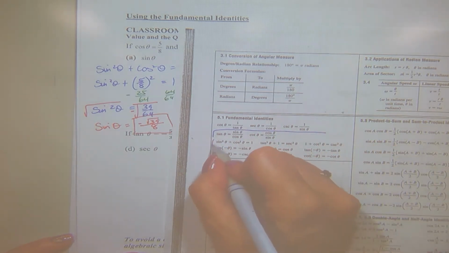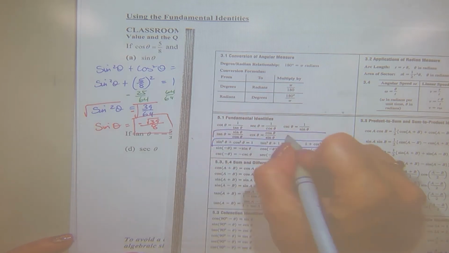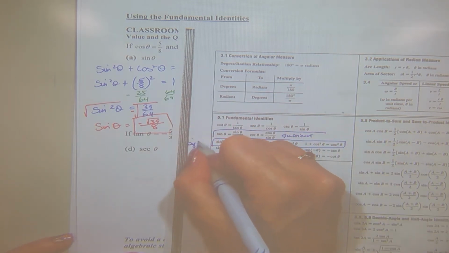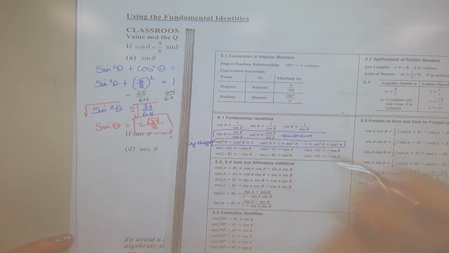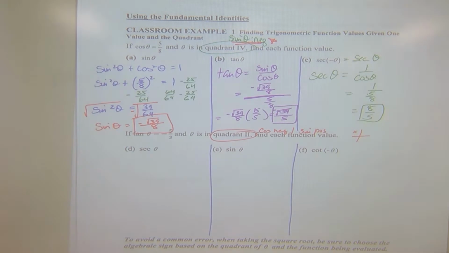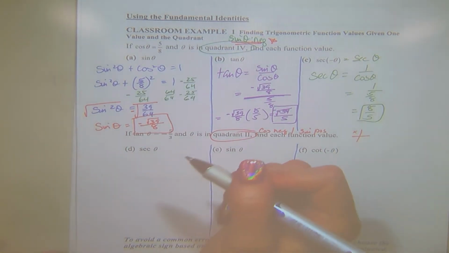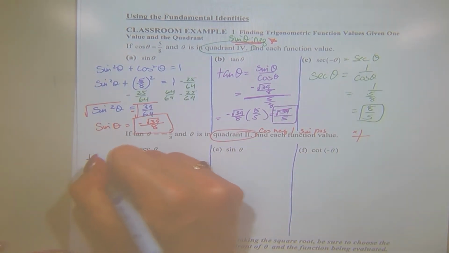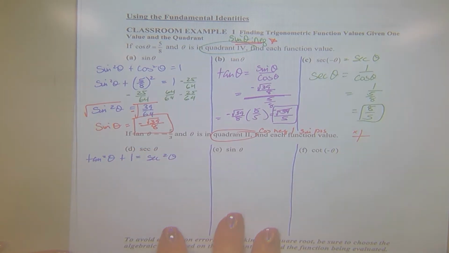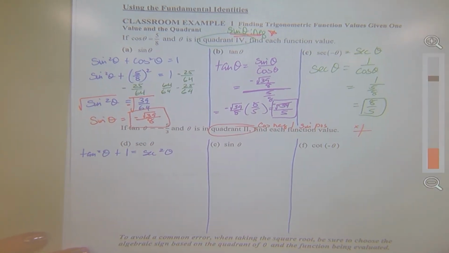These are my quotient identities. These are my Pythagorean identities. So my second Pythagorean identity ties tangent and secant together. So that's the one I'm going to use. I've got tangent squared theta plus 1 is equal to secant squared theta. That's what I know because that identity is a true statement.